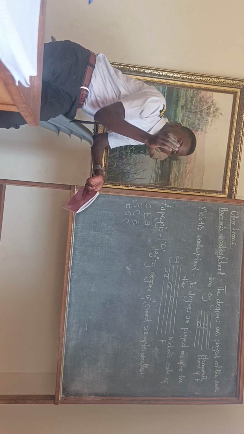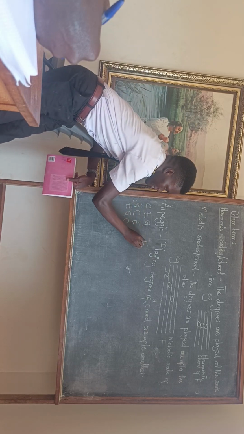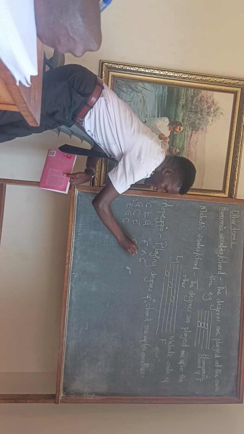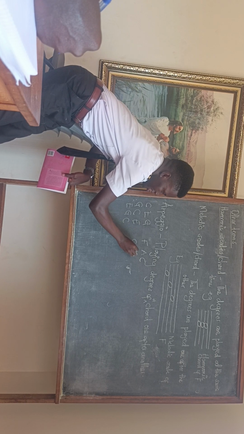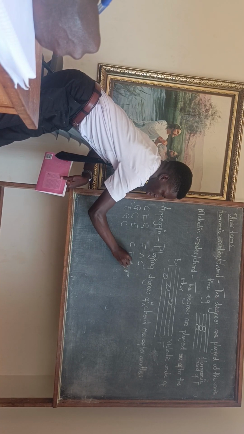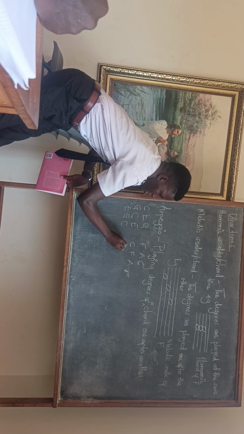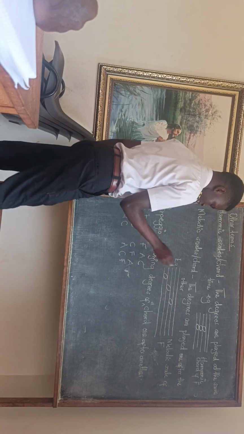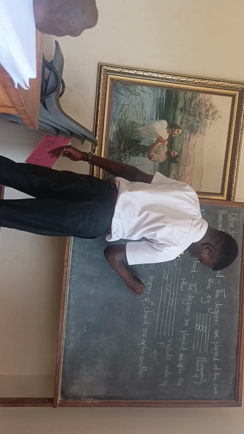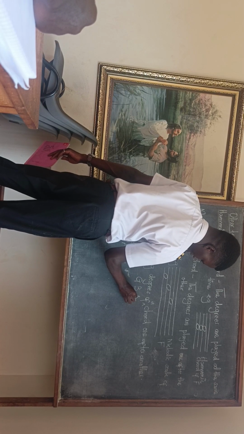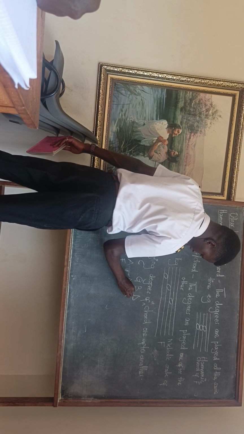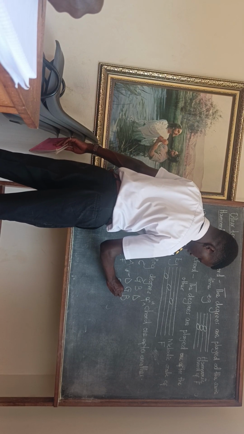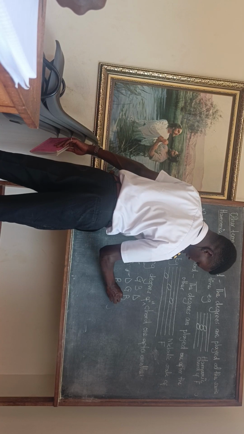The second one would be the one of F. It has C, F, and A, and then its first inversion is A, C, and F. And then the other one is G, which is G, B, D. Its first inversion will be D, G, B. And then its second inversion is B, D, and G.